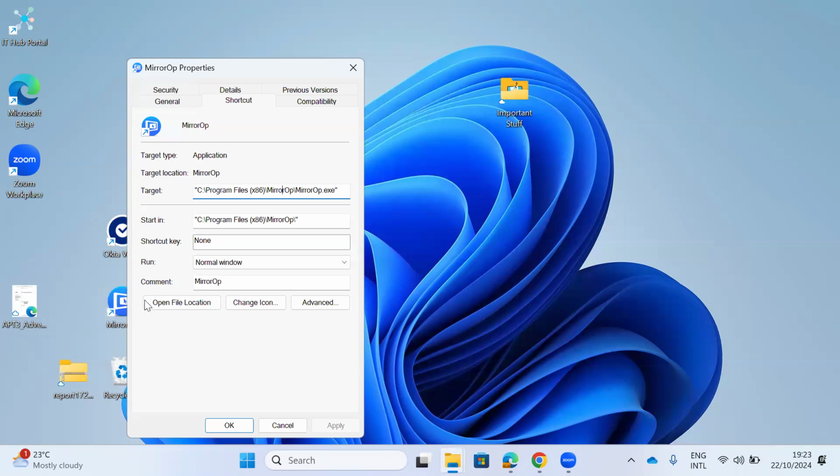So this path is pointing to this binary. It's a shortcut to this particular binary.